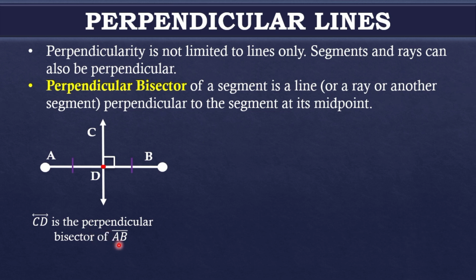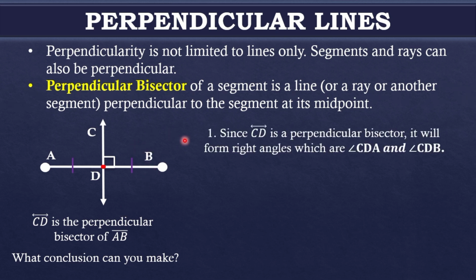So, from this given figure, what conclusion can you make? Anong mafo-form natin na conclusion based dito sa ating figure? So, una, since line CD is a perpendicular bisector, automatic, magpo-form siya ng right angles. So, ibig sabihin, dalawang right angles ang mabubuo niya.